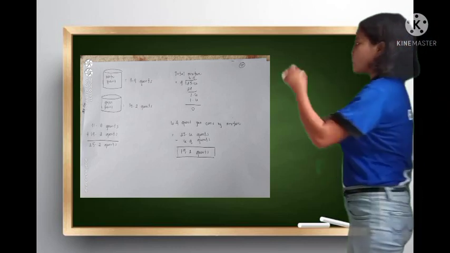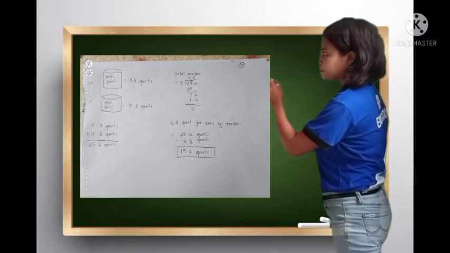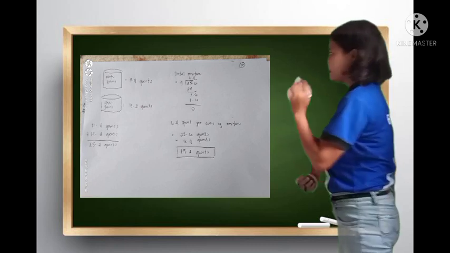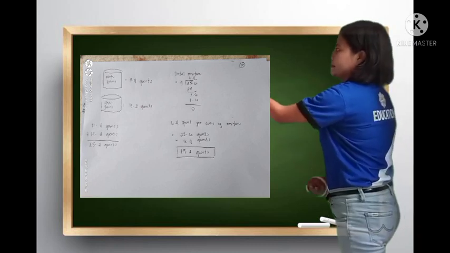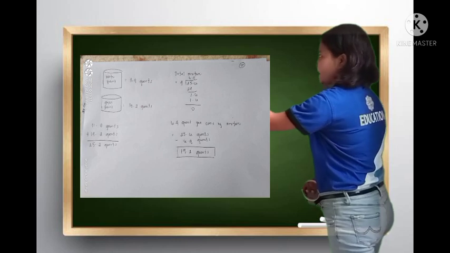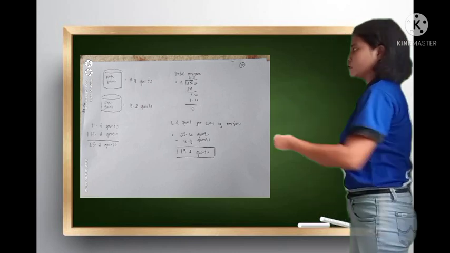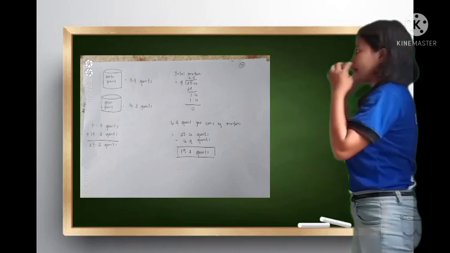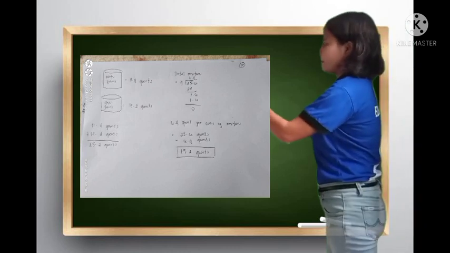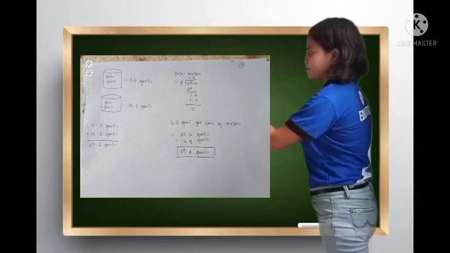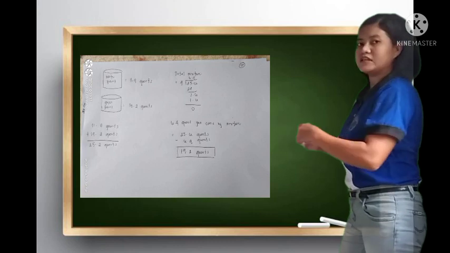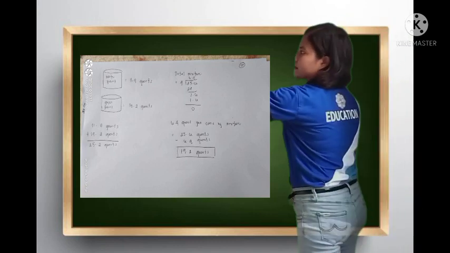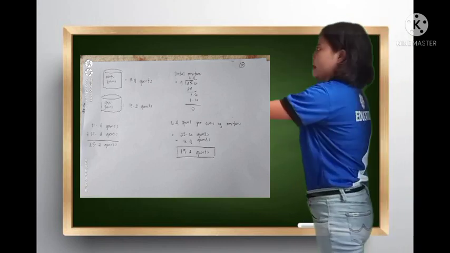So, ayan. Para makuha natin kung ilan yung quarts ng paint na natira, kailangan nating i-add si 11.4 plus 14.2 is equal to 25.6 quarts. So, meron tayong 25.6 quarts. I-divide natin siya sa 4 cans kasi 4 na cans yung total mixture ng dalawang quarts.